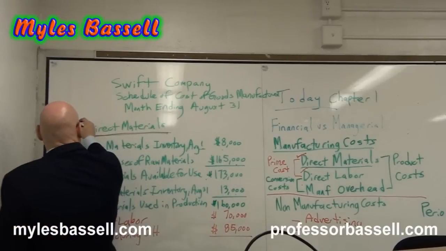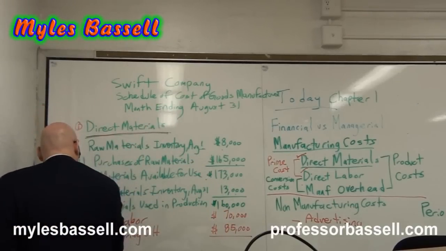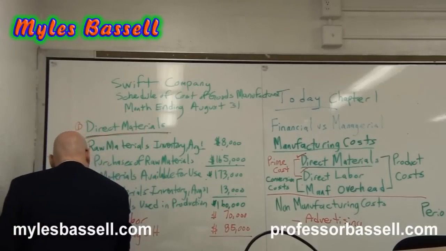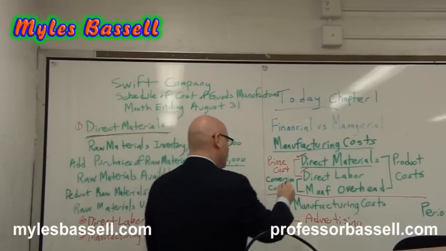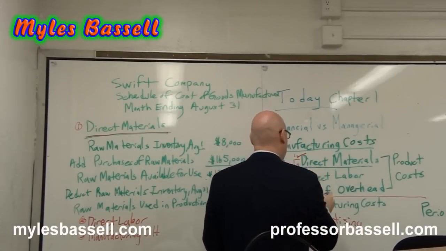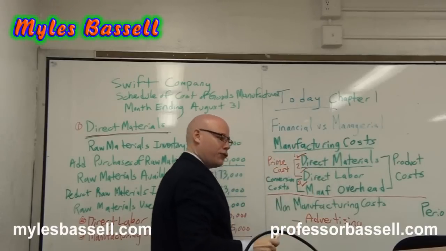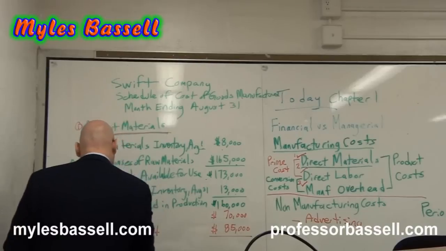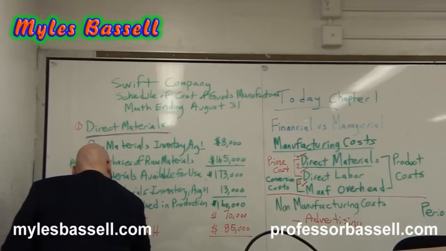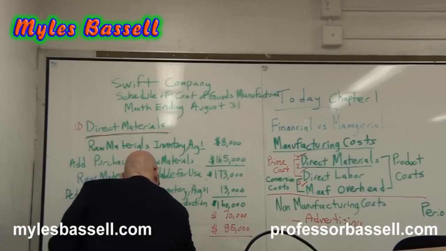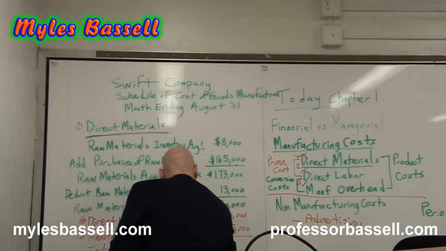So here we have direct materials, that's 1. 2, direct labor is 70,000. 3 is manufacturing overhead. And we said before, at the beginning of class, that these were the manufacturing costs. So that's what we're going to put here as total manufacturing costs. We're going to add these up to get the total manufacturing cost, which is what?